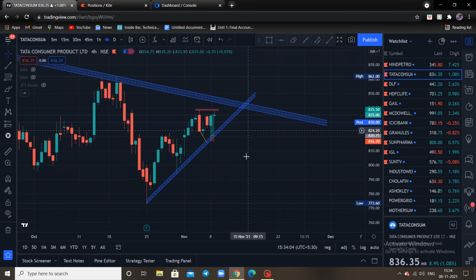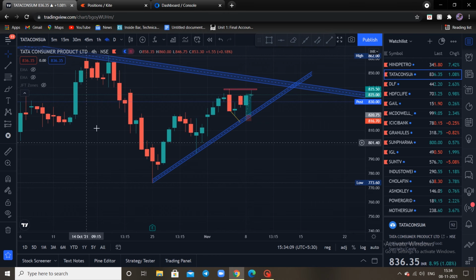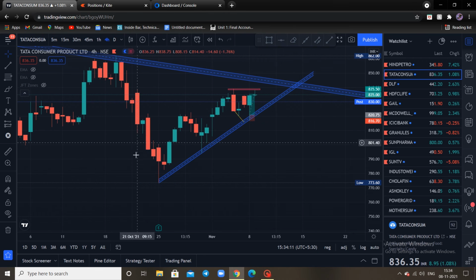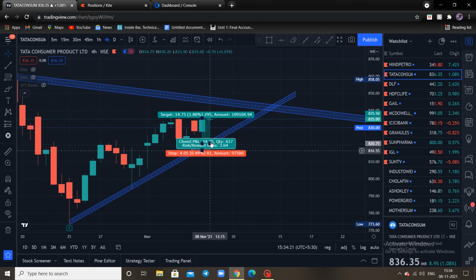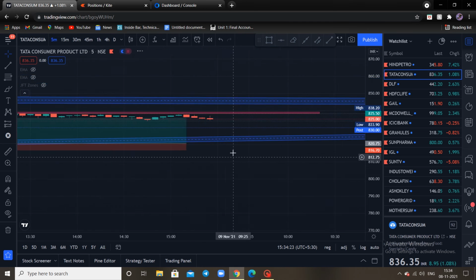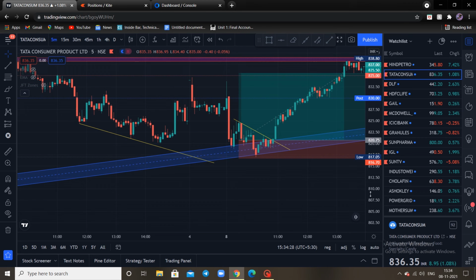So today's trade is based on, we can see, even though it is in a downtrend, currently it is in an uptrend. You can see here is a support, here is a support, and I know that when it comes again back to this trend line, I will look for a rejection candle in the lower time frame, in the 5 minute.